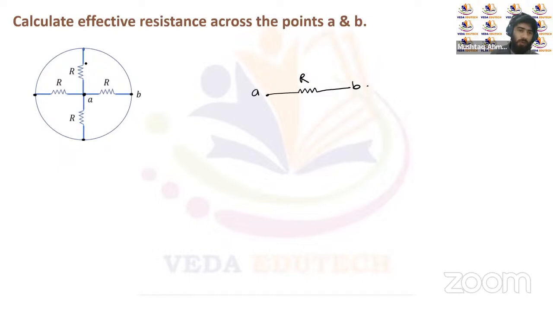It means that the other ends of these resistors are also connected to each other, right? They are also connected to the same point. It means that what will be the potential of this point, same will be the potential of this point, and same will be the potential of this point as well, and the same at this point as well. It means that the potential difference across all these resistors is the same, right?